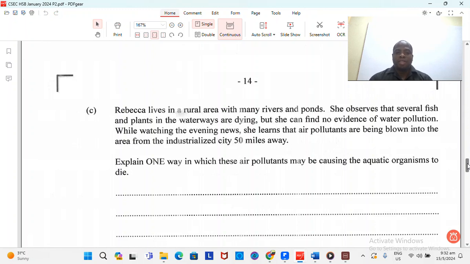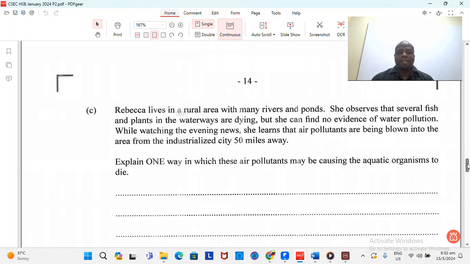We also have the concept where these pollutants might have high nitrate or high phosphate, and they cause an increase in the population of algae, which causes algal bloom. And that in itself will block the sunlight, causing the phytoplankton and other organisms to not be able to photosynthesize.